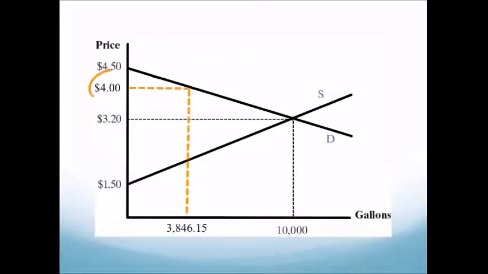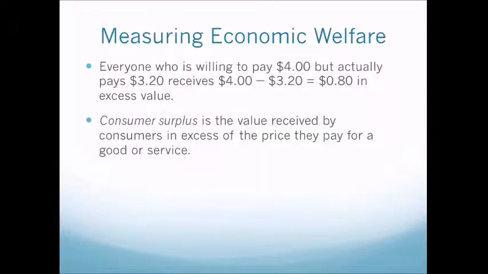At a price of $4, quantity demanded will be 3,846.15 gallons. Everyone who is willing to pay $4 but actually pays $3.20 receives $4 minus $3.20, or 80 cents in excess value. This transaction will give those buyers 80 cents per gallon of consumer surplus.